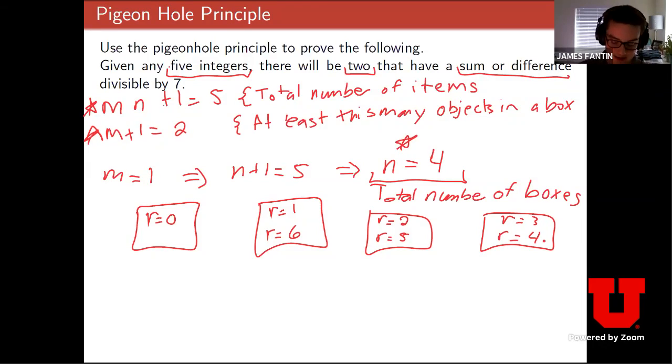So that means if we have 2 integers that have remainder 1 or remainder 6, et cetera, we're going to be able to prove that those are going to be divisible by 7. And so that's the key that led us to pick these as what we're going to put into our boxes.